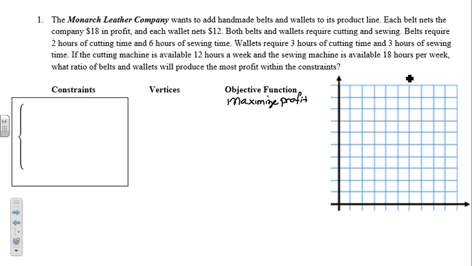Well, how many dollars do we make per belt? And how many dollars do we make per wallet? 18 and 12. So $18, is everybody okay if we let X be the number of belts? Might as well do it in order that it's written, right? And Y be the number of wallets?